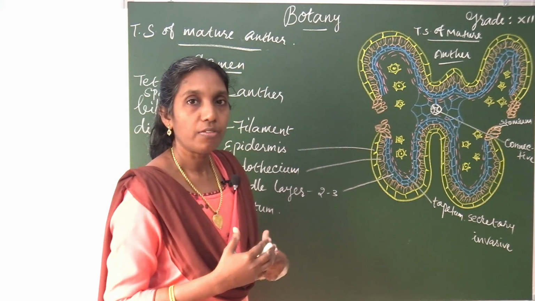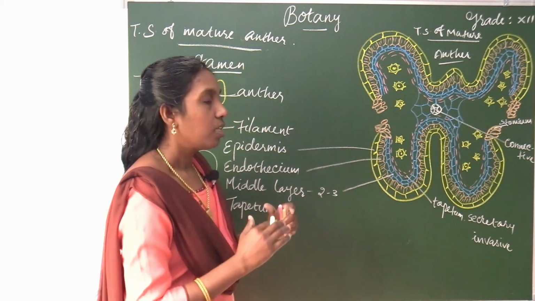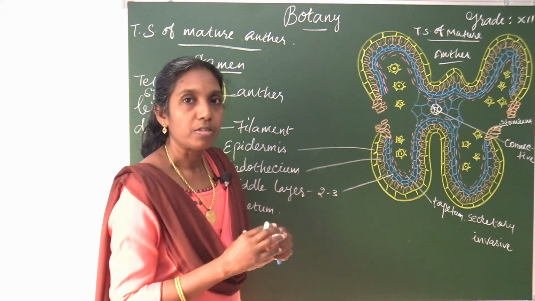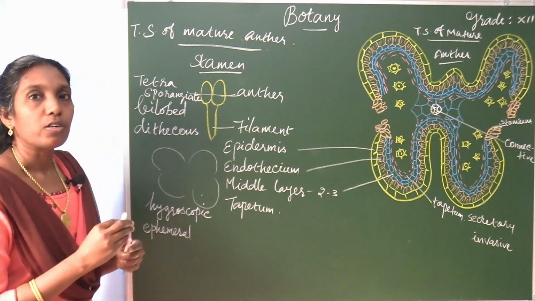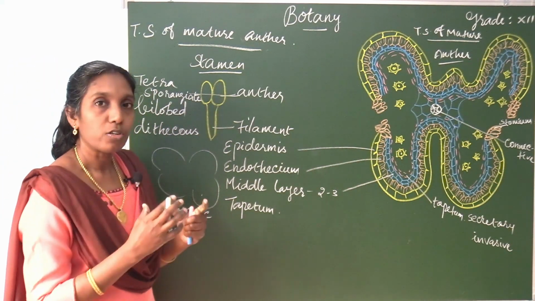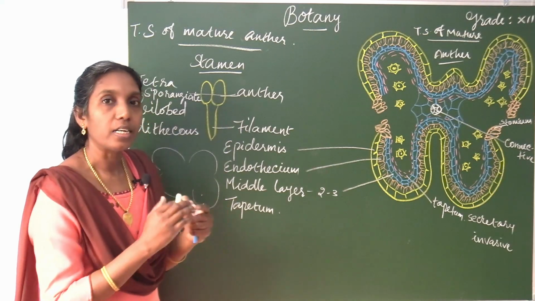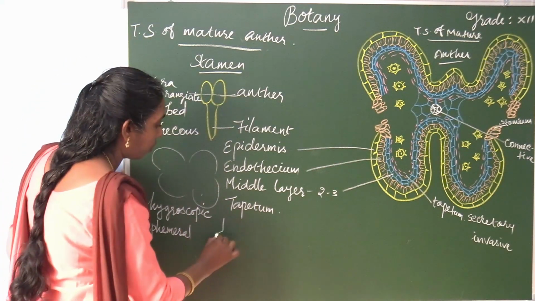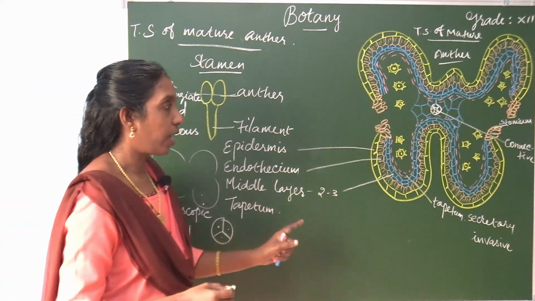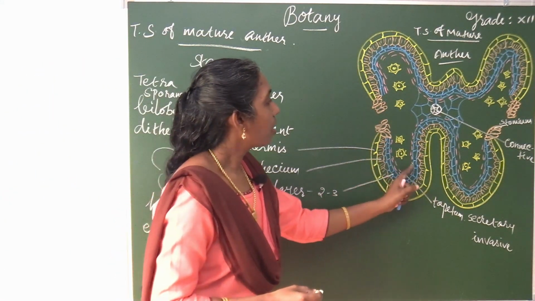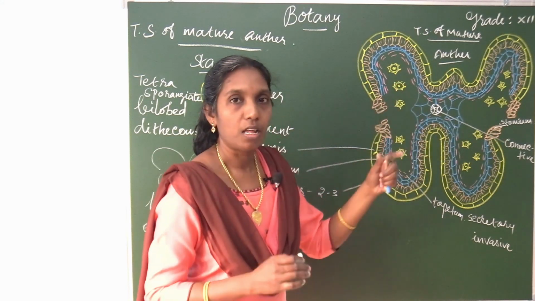And what is the function of tapetum? The well development of tapetum is seen at the tetrasporangiate stage, when the microspores are formed earlier in the form of tetrad. At this stage, the tapetum develops well.